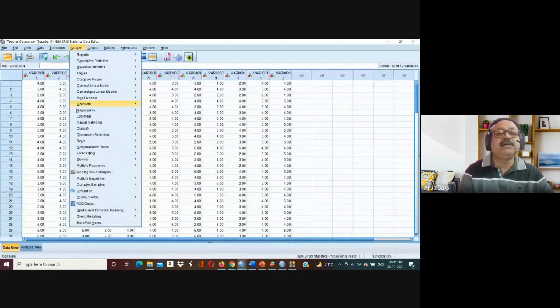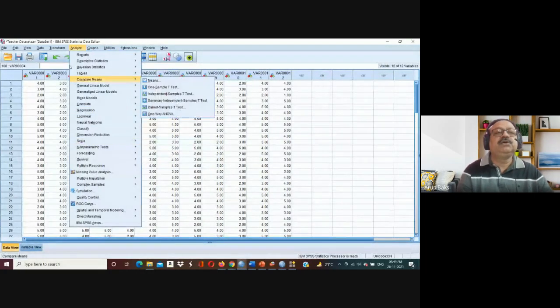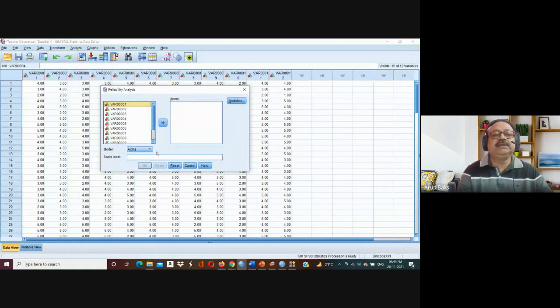So from where you can get this scale reliability, you just go to analyze, okay, and scroll it down to scale, and then go to reliability analysis, and you will see by default this alpha value will be taken.